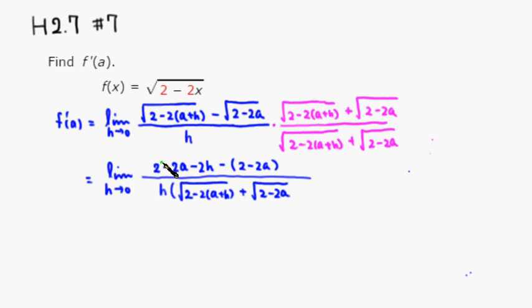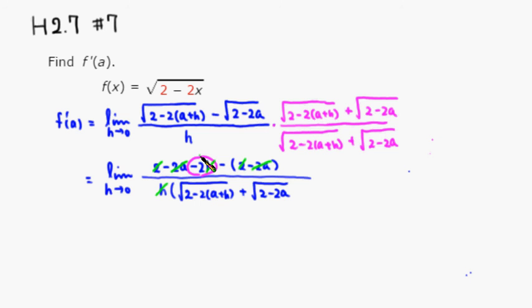You have a positive 2 minus 2, then there's a negative 2a minus negative 2a, so you can cancel those out. Then what's left is only one term here, negative 2h. So it has h in there, so we can cancel h on the bottom and h on top.